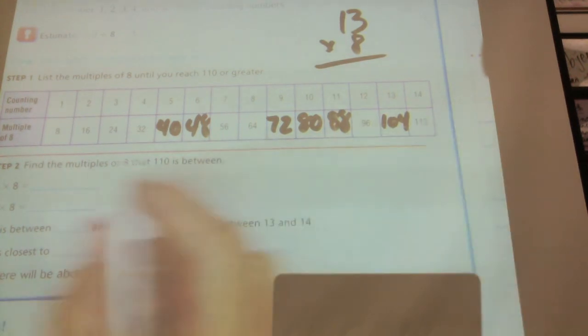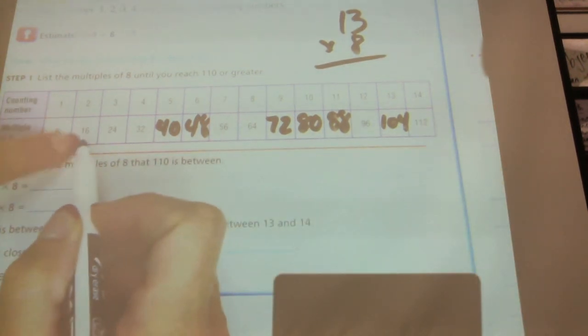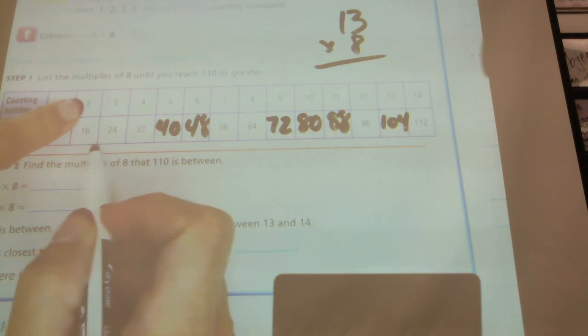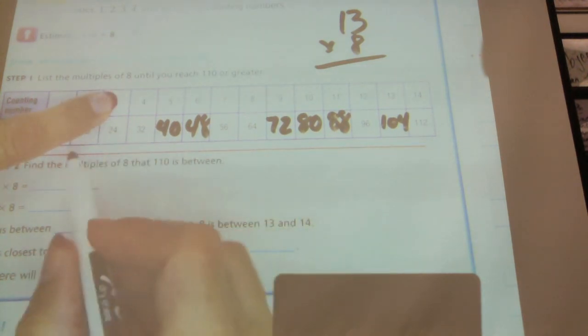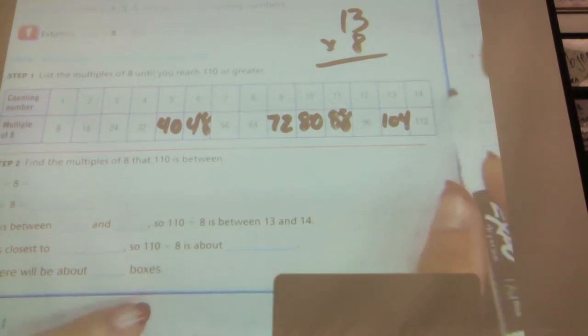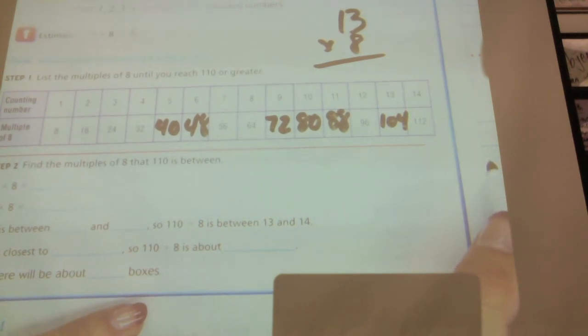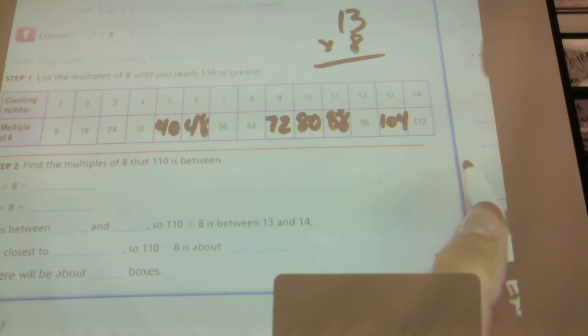Here's the total number of muffins for 1 box. Here's the total number of muffins for 2 boxes, for 3 boxes. The bottom is the total number of muffins, and the top is the number of boxes. Which one is going to be the closest to accommodate all my 110 pumpkin muffins?